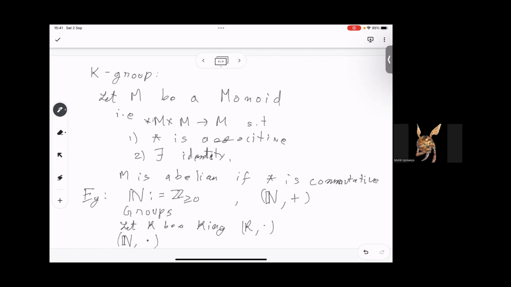That's also a monoid. And natural numbers with positive natural numbers only, 0 is no longer allowed, with multiplication is also a monoid. So if you just remove the 0, it still remains closed under multiplication, and so that's also a monoid.